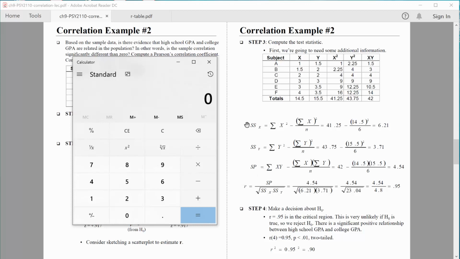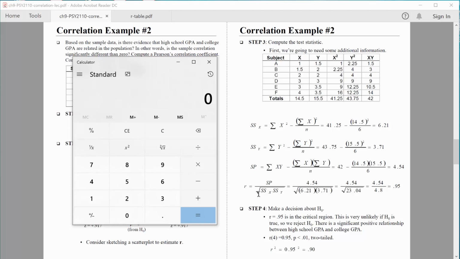So at this point, now that we have the sum of squares for x, the sum of squares for y, and the sum of the products, let's go ahead and compute R. The sum of the products we found right here is 4.54. Sum of squares for x and y, we're going to need to multiply. So let's do that next. We'll take 6.21 and multiply by 3.71. That equals about 23.04. According to our equation, we need the square root of that.